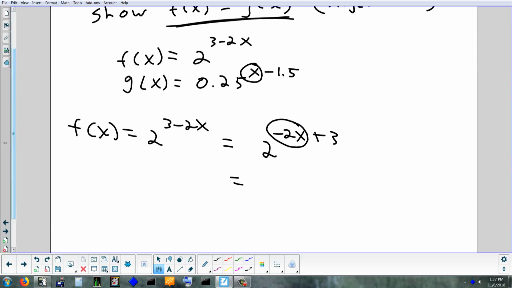What would I have to factor out from the x to make it look the same as the one above? Yeah, I'm going to factor out a -2, and I'm just going to hope that somehow it automatically gives me -1.5. If it does, then I'm on the right track. Well, -2 times something is +3. Negative times what kind of number is a positive?